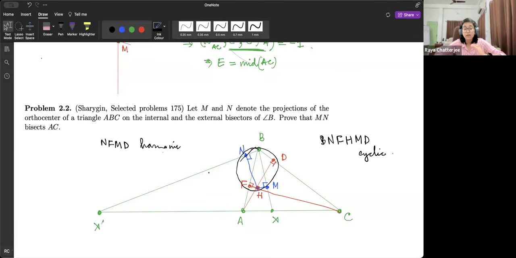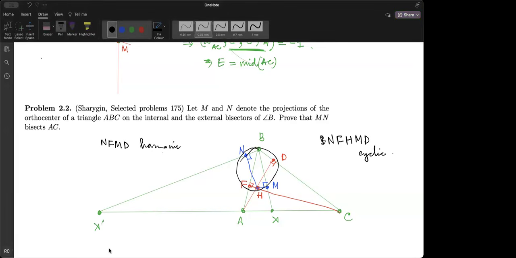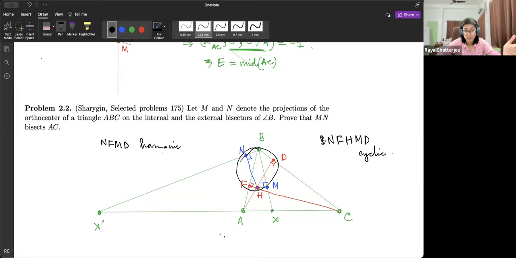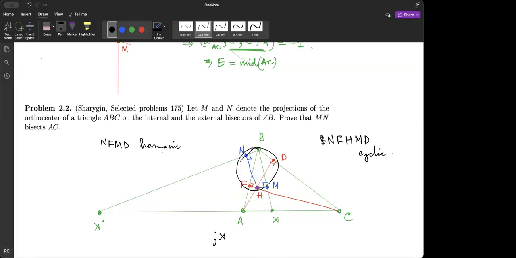If you take X prime C, or AC, to be the transversal, and if NFMD is harmonic, then what is true? X, X dash, A, C is harmonic. Exactly, perspectivity. You messed up the order, but fine.